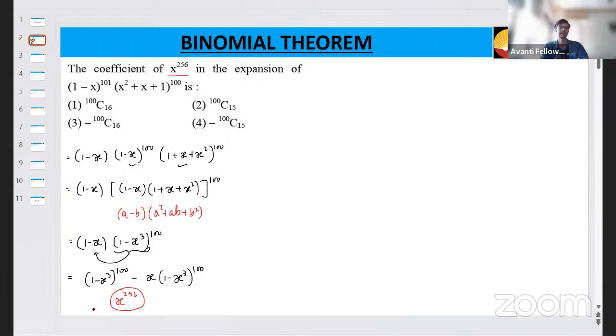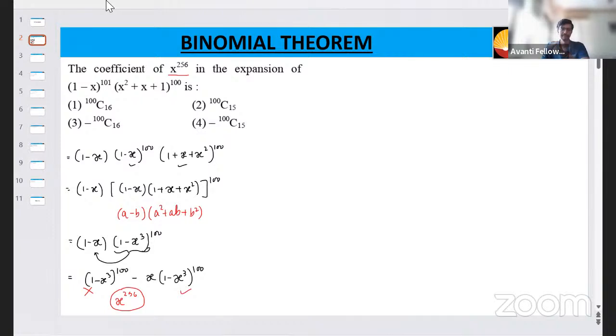But if you think really, in the first expansion, the powers of x that come will be multiples of 3. So 256 never comes, that is, 256 is not divisible by 3. So from here we will not get x raised to the power 256. So we'll get x raised to the power 256 from the other part.